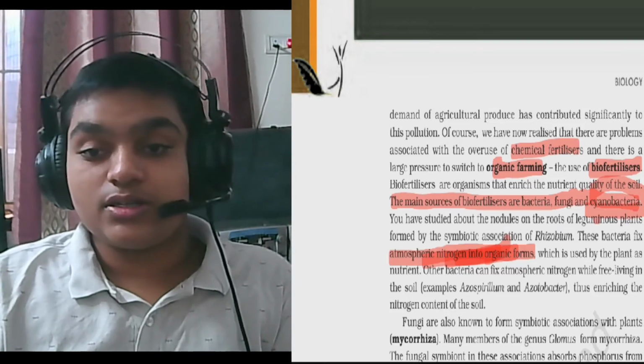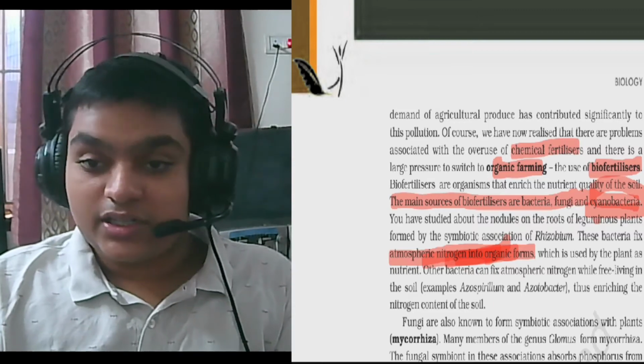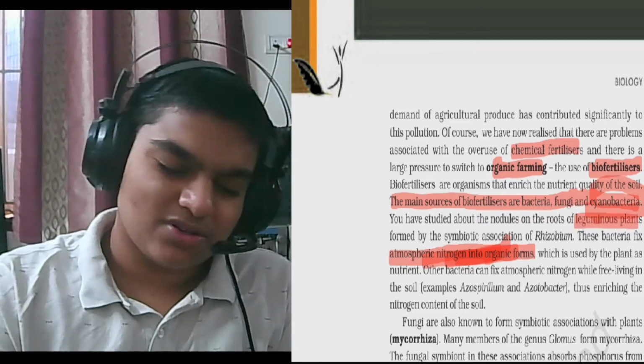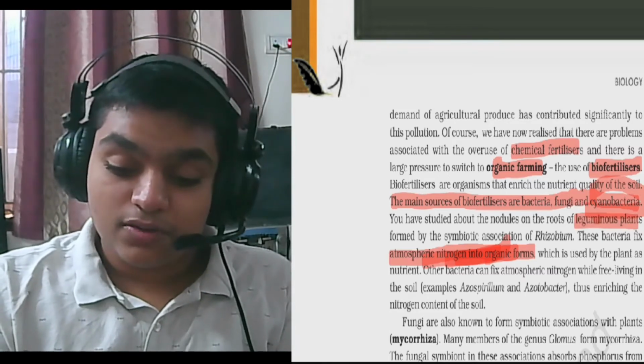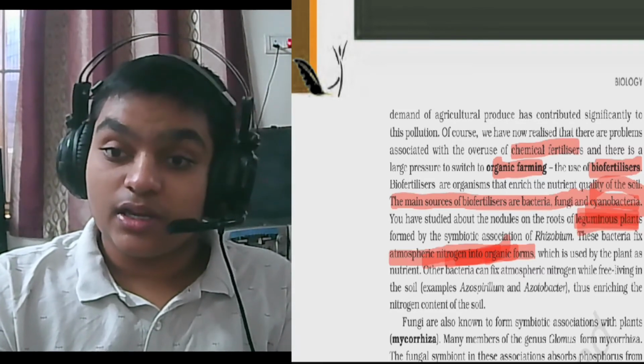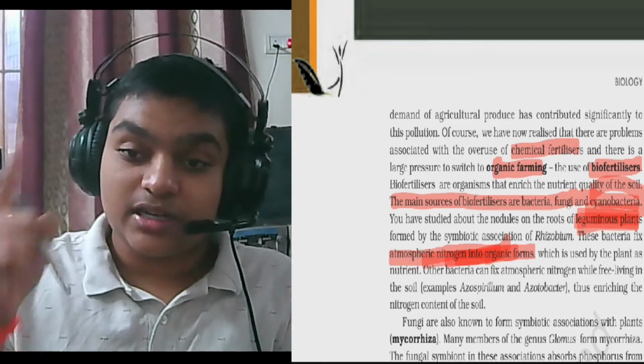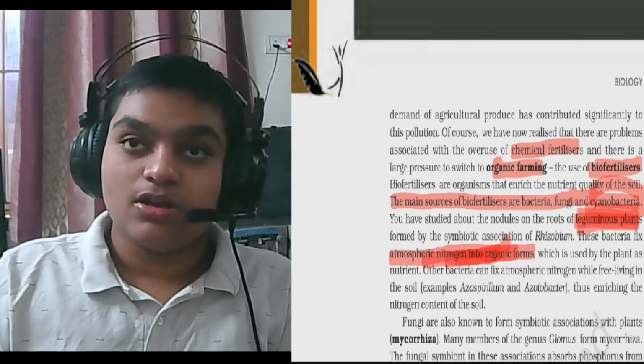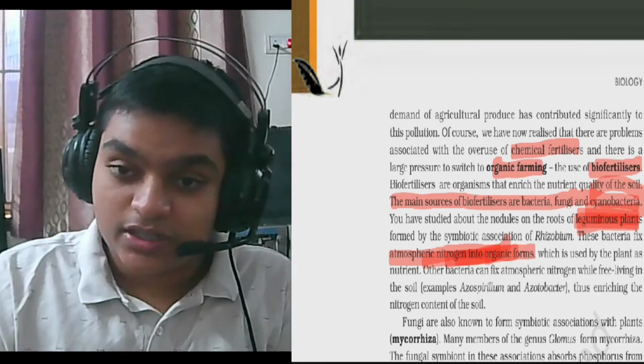Nitrogen fixers are also present in leguminous plants.